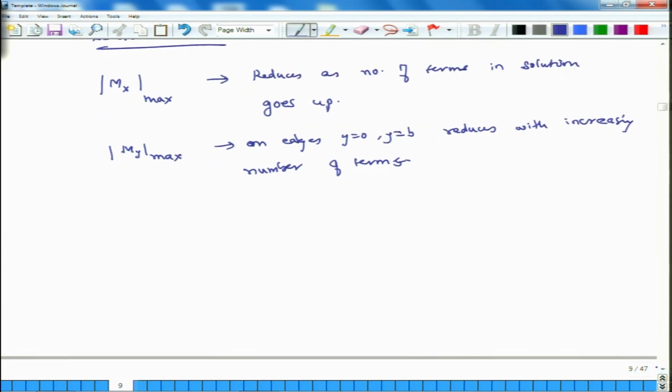and typically we say that the result is reasonable based on the ratio of mx max on edge divided by mx max. Actually here I will say edge, and this is also edge. So mx will have a maximum value on edge and mx will have an even higher value somewhere in the middle of the plate. Okay.